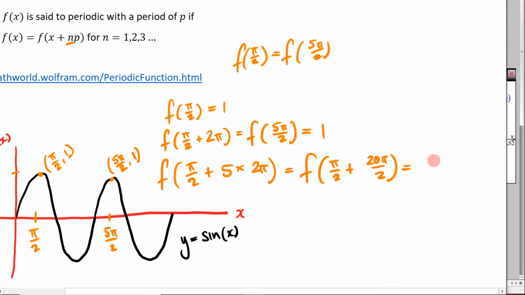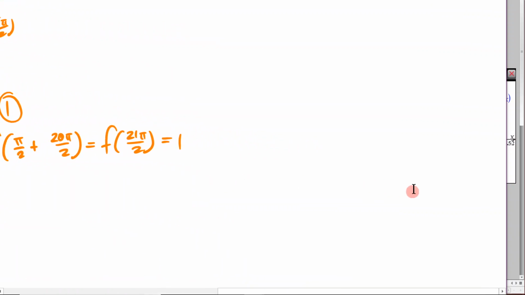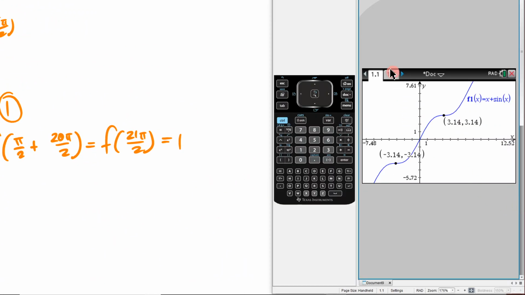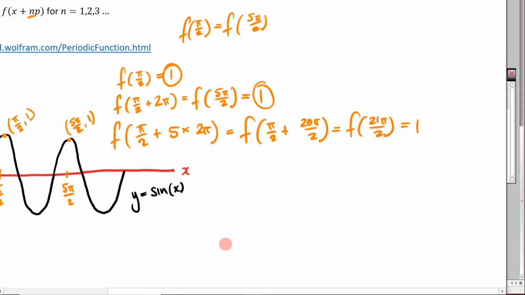So now I have 21 pi on 2, and because this is periodic, it should be equal to 1, which we found before. Let's double check that. If I come over to my CAS and go sine of 21 pi on 2, I should get 1 out. And as you can see, I do. That's because it's periodic.